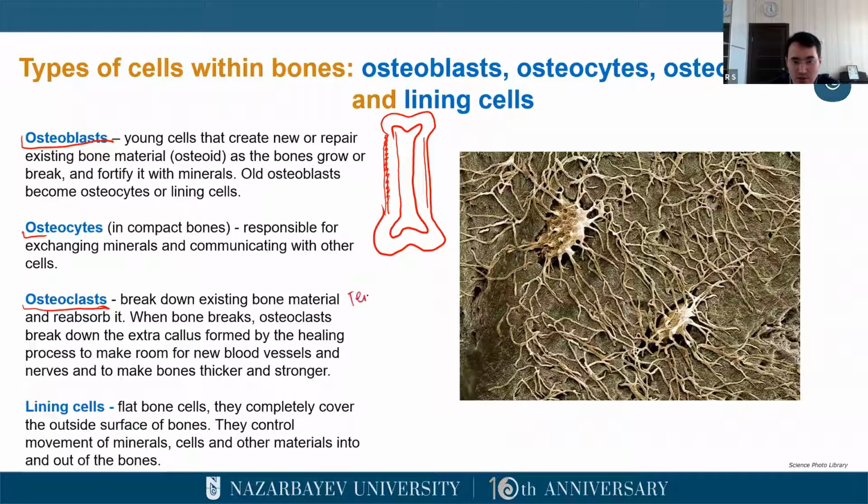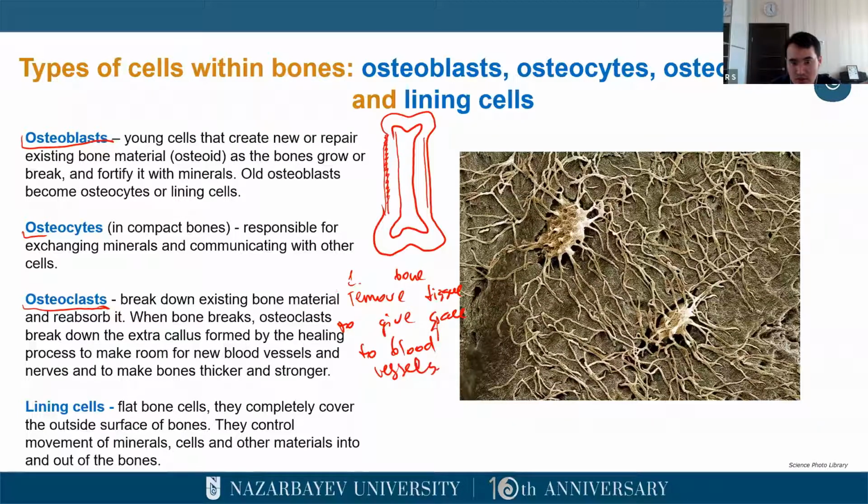So remove bone tissue to give space to blood vessels and nerves. This is the first one.